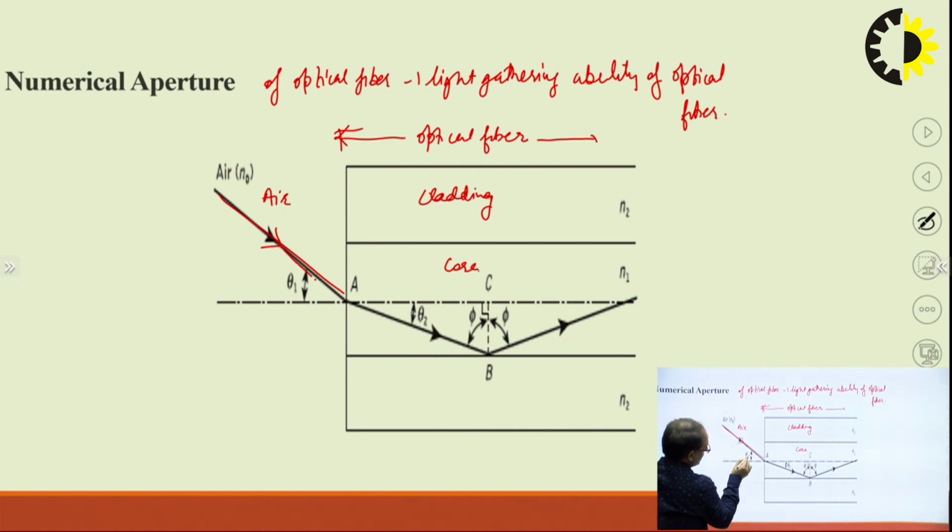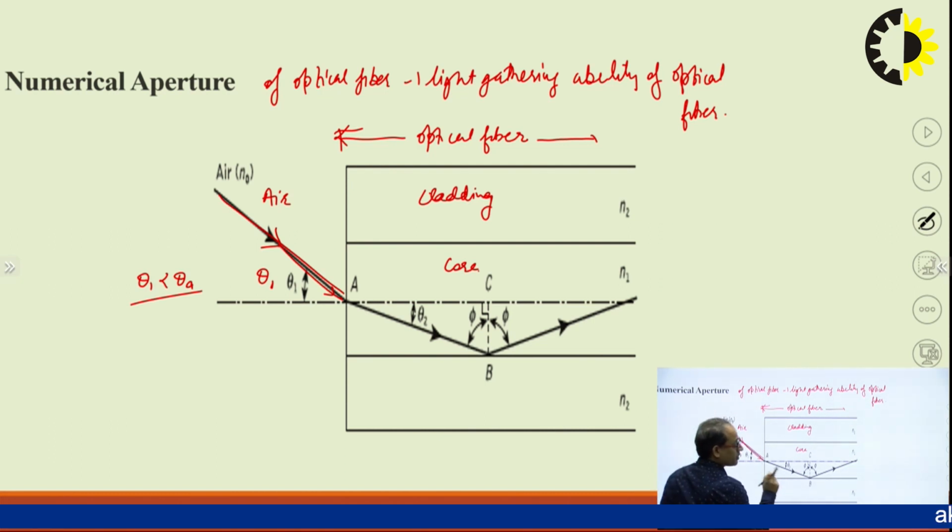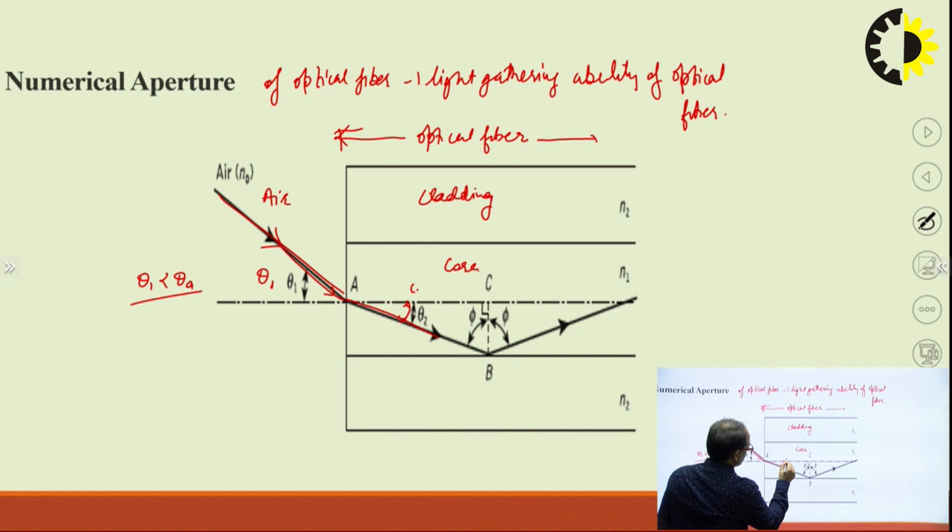Now if I say a ray enters into the optical fiber cable making an angle of theta 1, and if this theta 1 is within the range of the acceptance cone or acceptance angle, then this ray will perform what? Total internal reflection. This ray will enter into the optical fiber cable at an angle of theta 2, and this will perform total internal reflection.